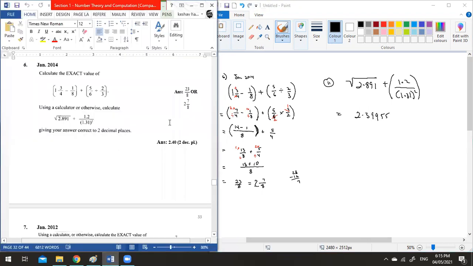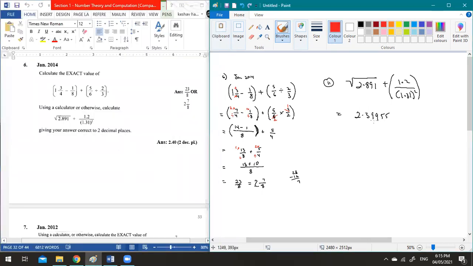The question asks for 2 decimal places. So here's the second decimal place. The number after it is greater than 5, so we add 1 to the 9. You add 1 to the 9, you get 10. Carry 1 to the 3, you'll get 4. So 2 decimal places, it's the same as saying 2.4 as well.